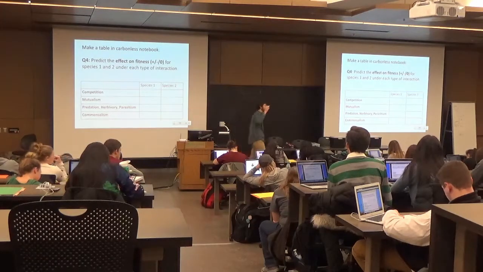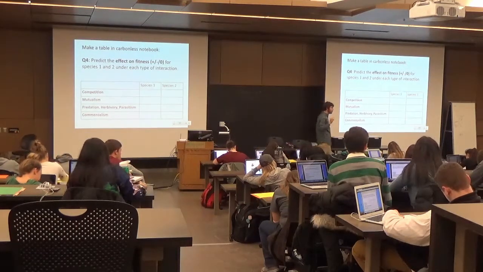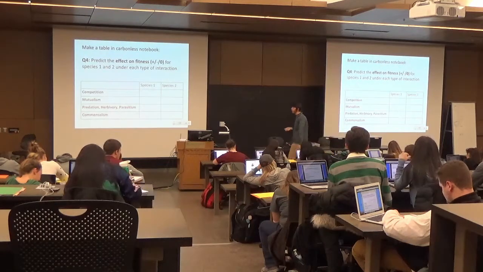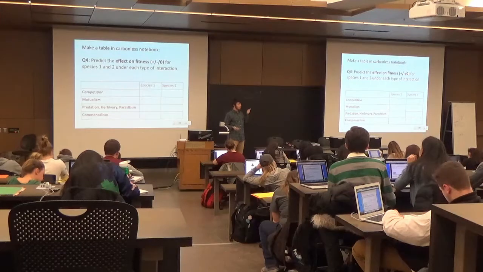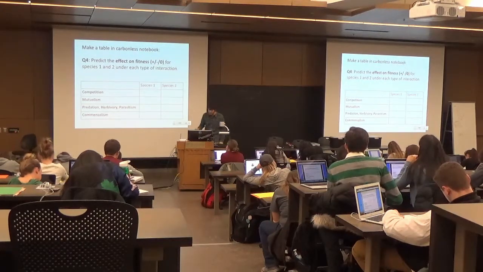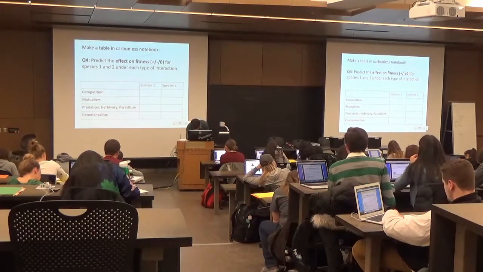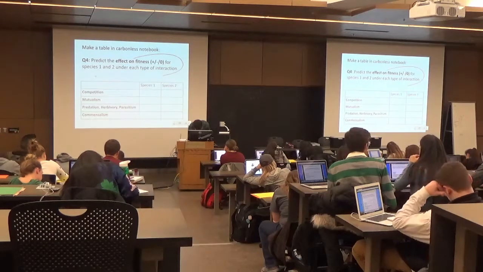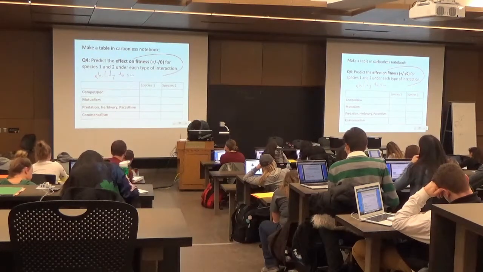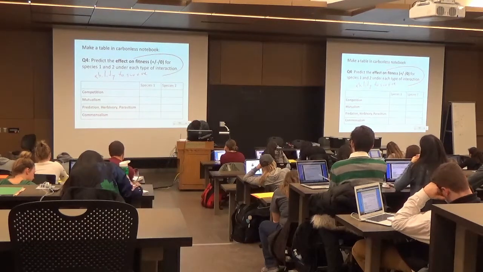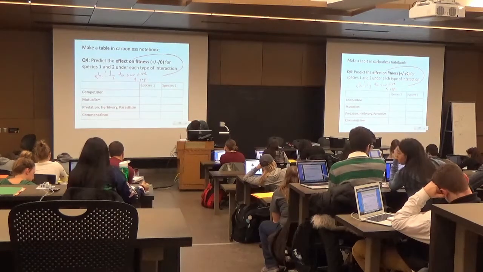Somebody? Yeah. The amount of surviving offspring. The amount of surviving offspring. Okay, so in order to have a large amount of surviving offspring, you need to survive and reproduce. I always like that as the ability to survive and reproduce.